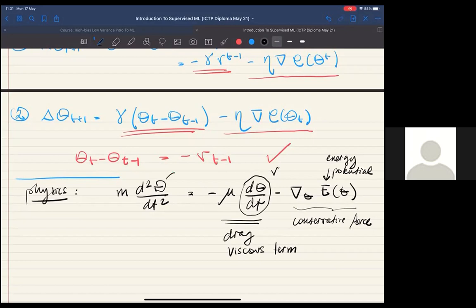Okay, again, theta is the position of the particle. And this term is what? Is the inertia, right? So it's the term proportional to the acceleration, okay?